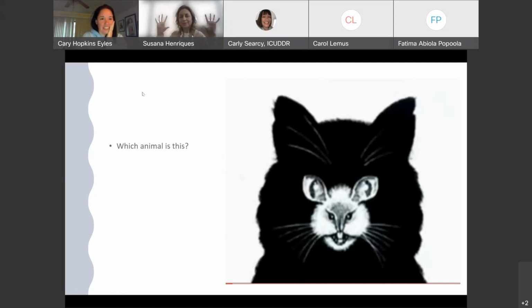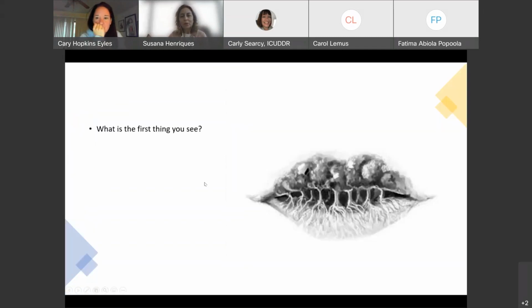If you focus your look on the black one, you see a cat. But if you focus your look in the middle, you can see this little one, a mouse or a squirrel maybe. Okay. The next one, I want to know what is the first thing that you see?